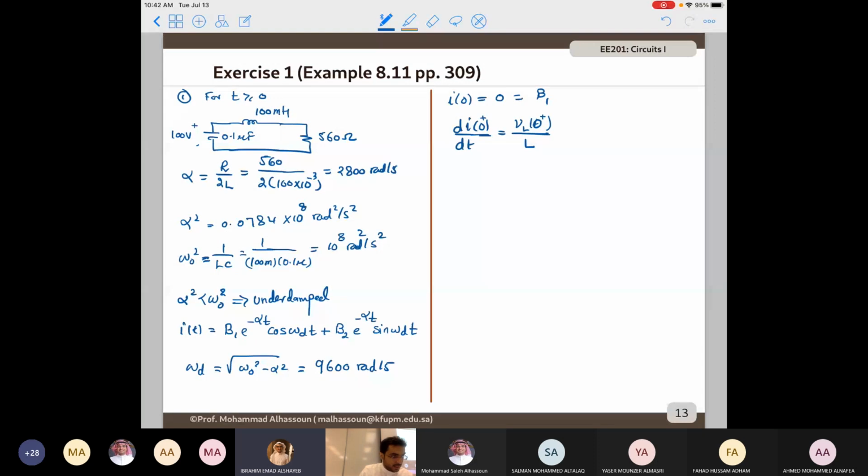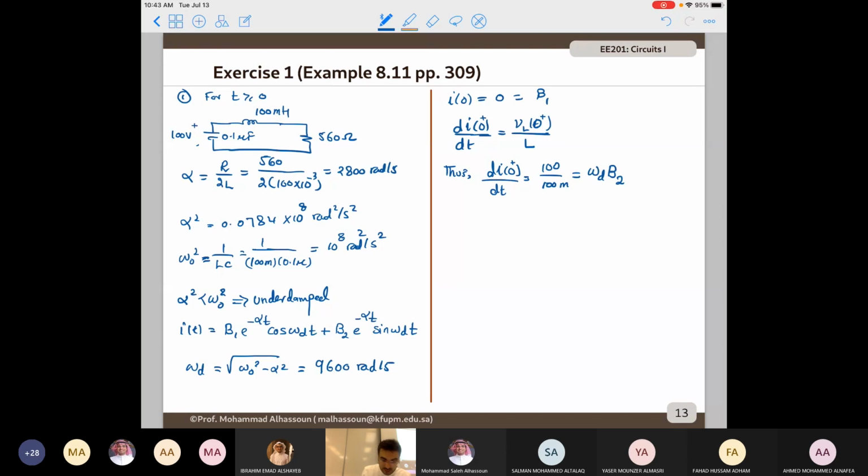Okay, so in this case it used to be minus alpha B1 plus omega d B2, but B1 is 0, so we ignore it.